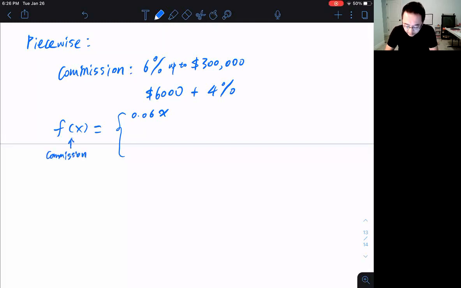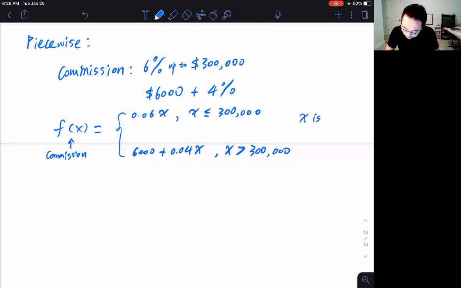This is true when x is less than or equal to 300,000. And if it is above 300,000, then this becomes 6,000 plus 0.04x, where x is greater than 300,000, and where x is the sale value of a home.